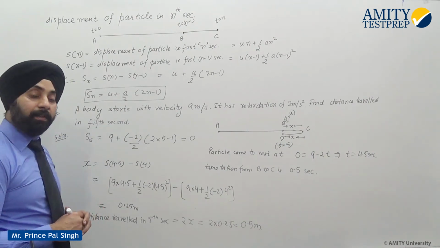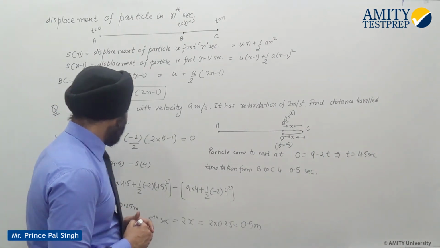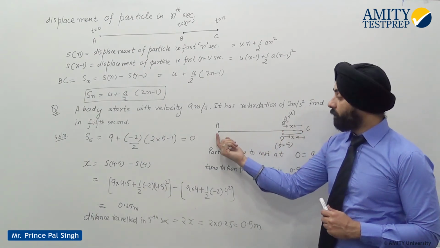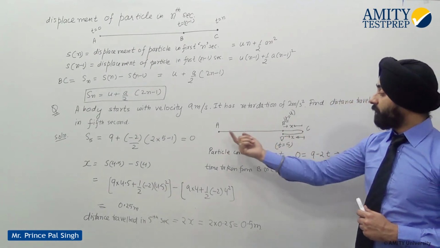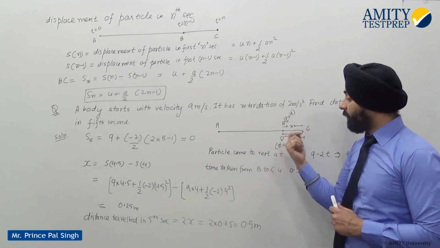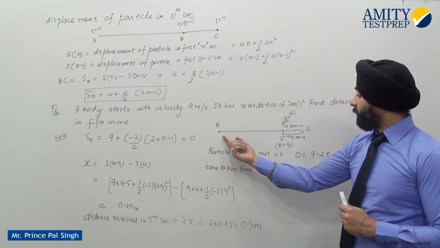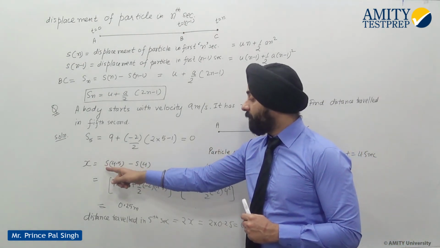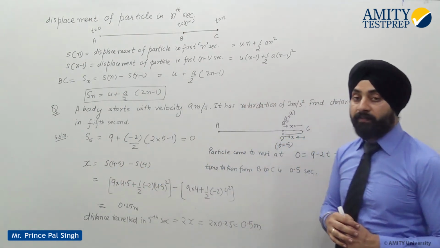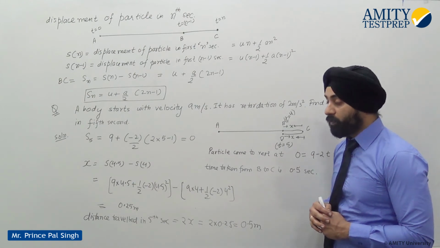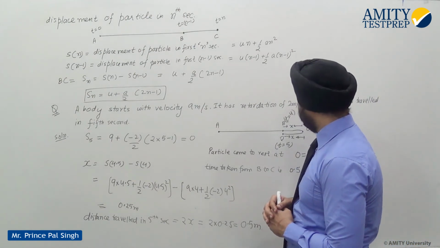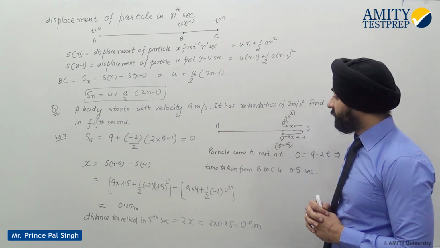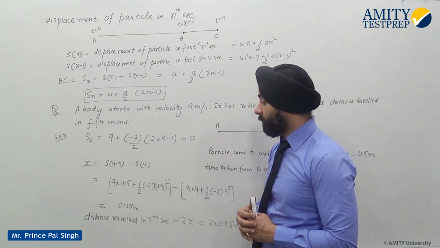So for distance travelled, let's say this is x, and this is equal to the distance A to C minus the distance A to B. The distance A to C is the distance travelled in the first 4.5 seconds, minus the distance A to B, which is the distance in the first 4 seconds.